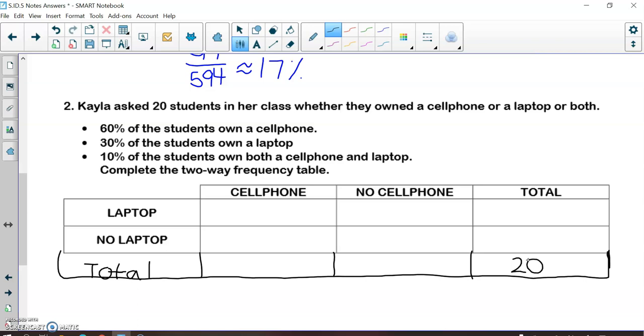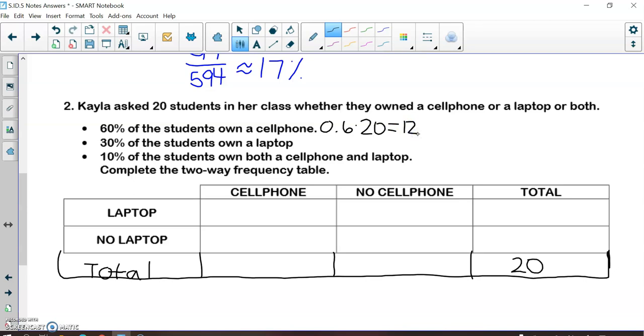60% of the students said that they own a cell phone. So if I find 60% of 20, which is just 0.6 times 20, and how I found the 0.6 was to convert the percentage into a decimal, I'm going to divide by 100. I wind up with 12 students owning a cell phone.